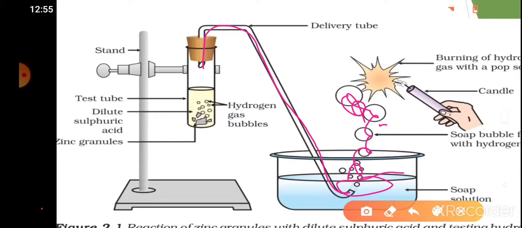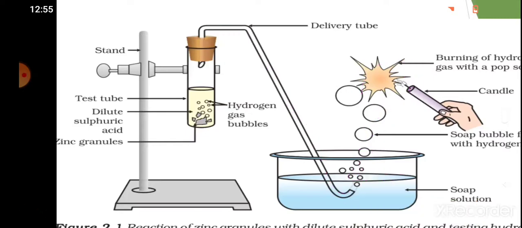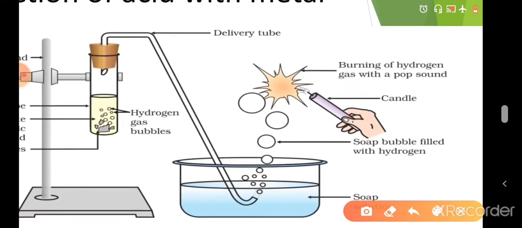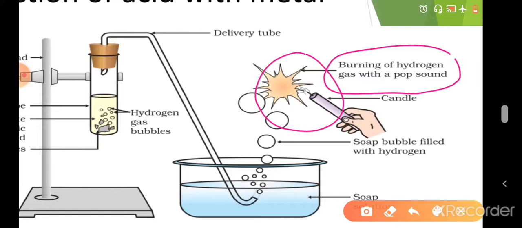Now all these bubbles will contain hydrogen gas. Now this hydrogen gas, how can we test it? If we bring a candle near these bubbles, then we are hearing the burning of hydrogen gas, and it will create a popping sound. So after bringing the candle near, we are hearing the popping sound over here.